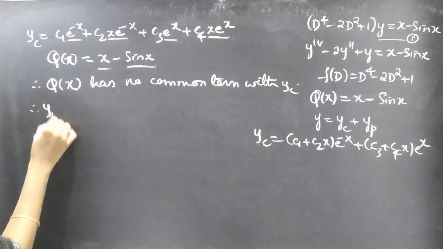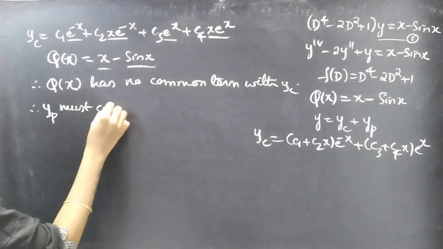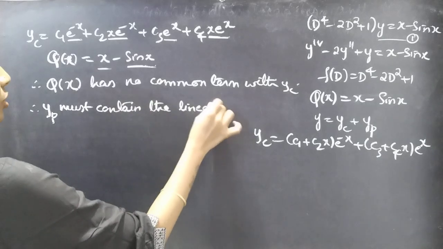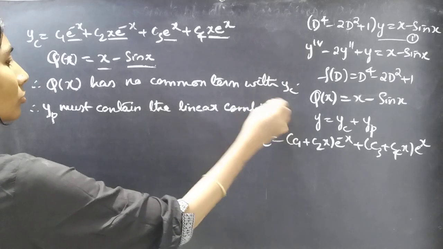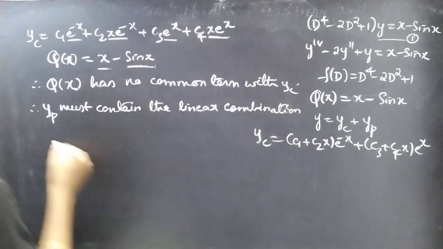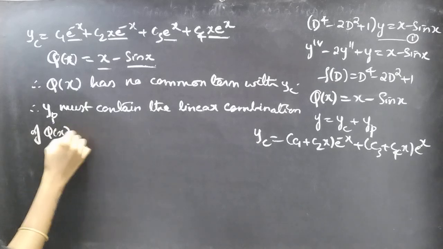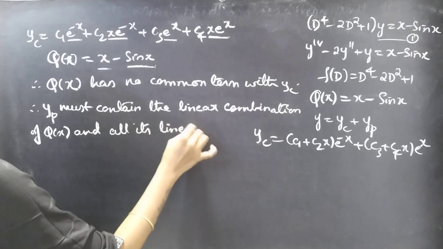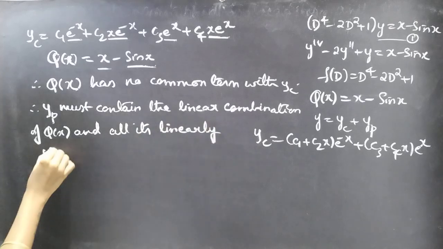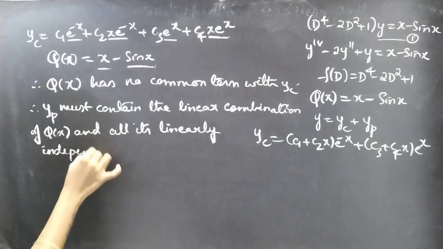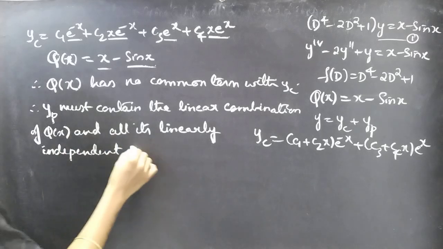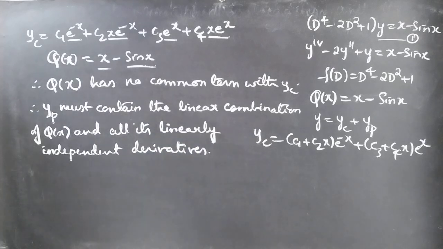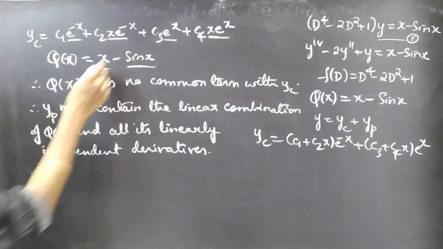So therefore yp must contain the linear combination of q of x and all its linearly independent derivatives. Okay, so here in q of x you are having x, right?